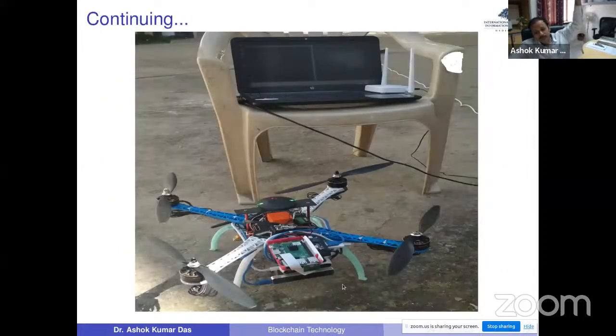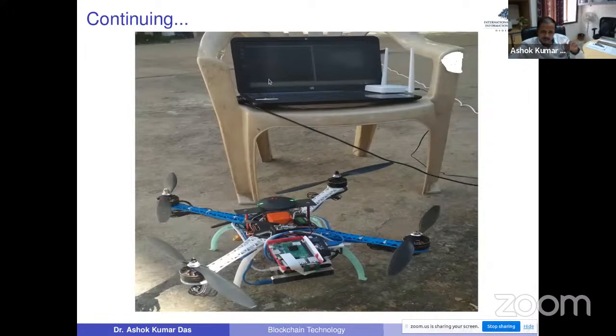So we have taken a drone. In the drone, we have installed a Raspberry Pi. In the Raspberry Pi memory, we have developed our whole protocol, and we put the code in this memory.